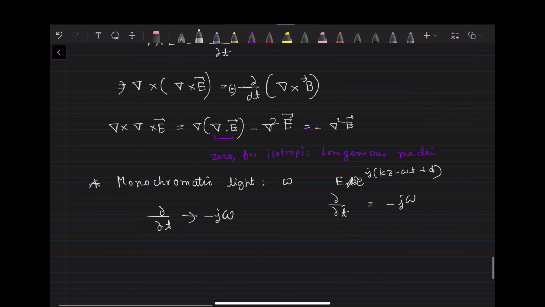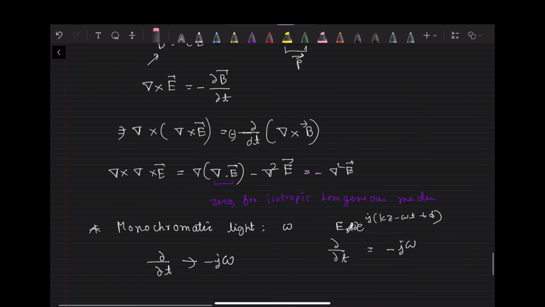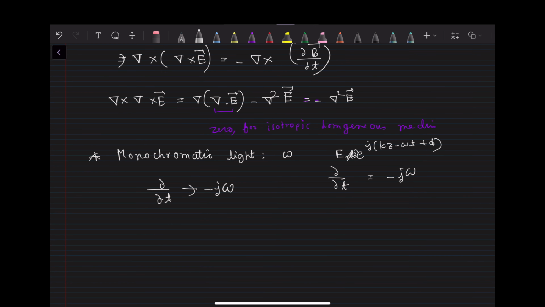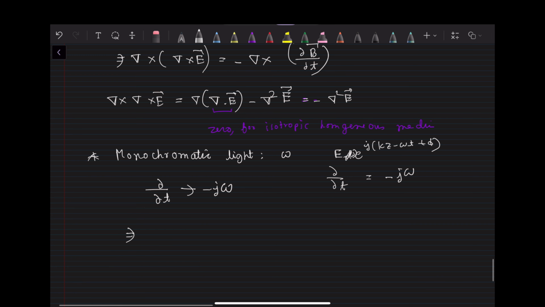Sorry, actually what I shouldn't have done here is I inserted the curl inside here. It will make our life difficult. Let us keep it as it is. Then we can replace it with minus j omega, right?